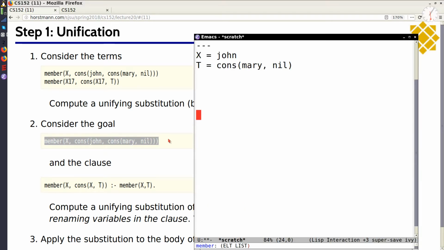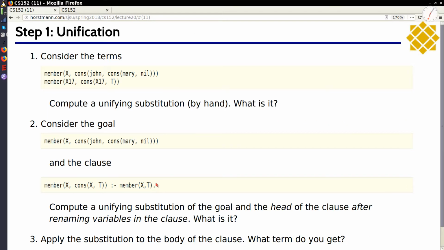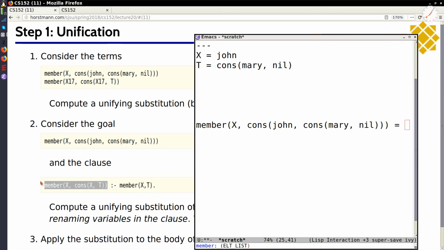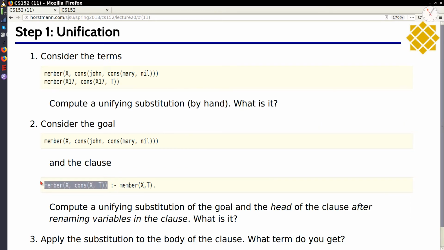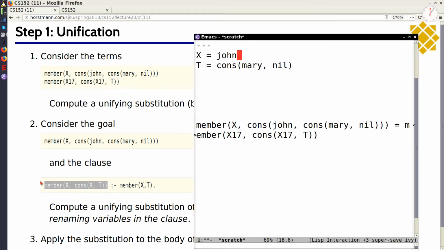We're supposed to do this thing here, and unify with the head of the clause. But of course now I have to be very careful doing that. I have to rename one of the x's, so I'll rename this one here to x17, because then I can do what I've just done. Now the unifying substitution is exactly what I just did, so it's the one over here.